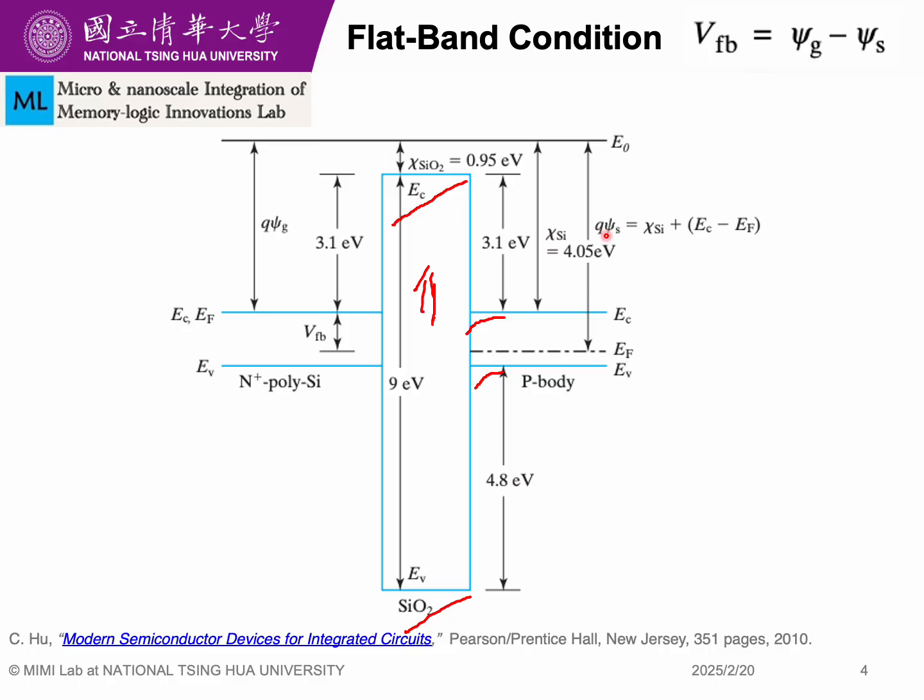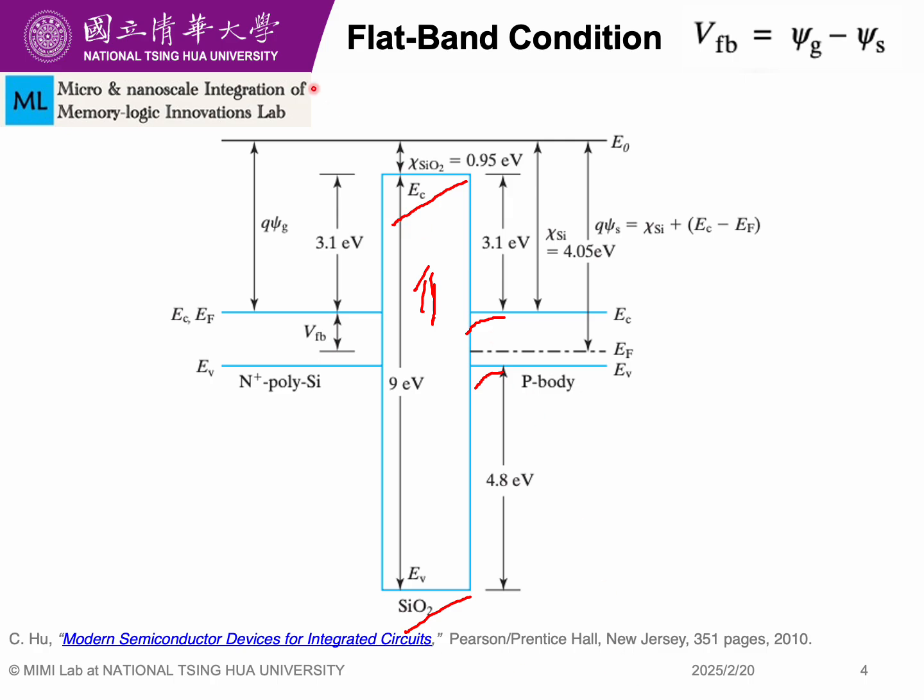However, the difference is around 4.05 electron volts for silicon, and this difference is called the electron affinity. This is just another material parameter, just like the energy band gap.